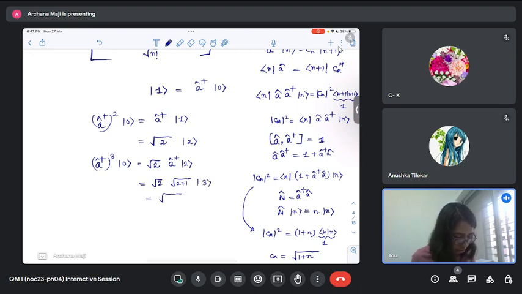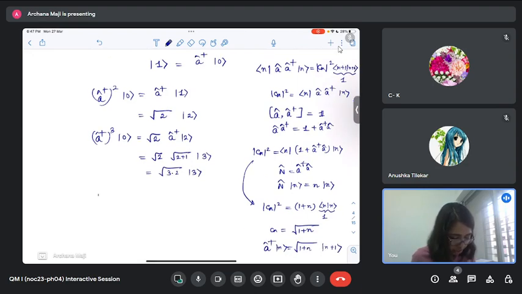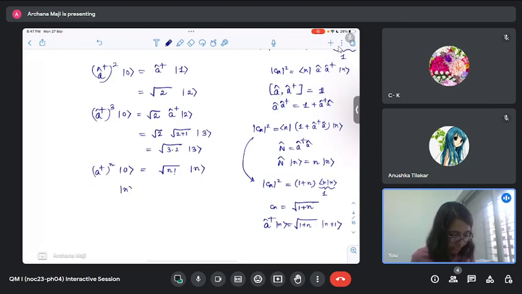So square root of 3 times 2, ket 3. So you can see the pattern. If you act n number of times on the ground state, you will get square root of n factorial times the nth state. That's why I was saying that the n particle state is nothing but a dagger, that is the creation operator, acting on the vacuum n number of times divided by square root of n factorial.